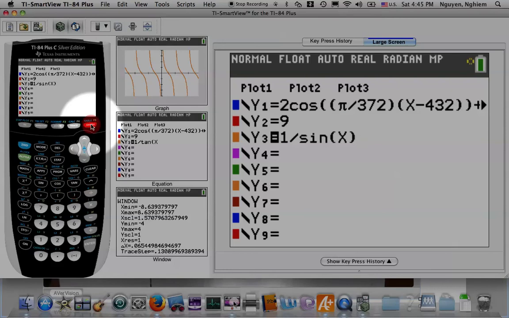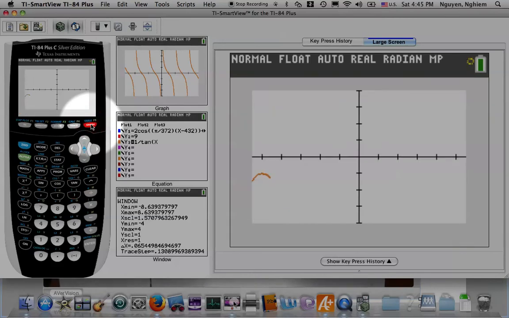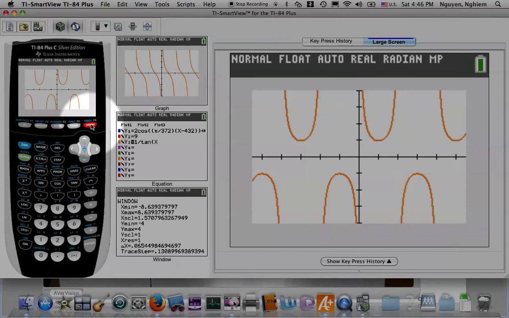Using our standard window, you can see this graph starting to emerge, and it is a weird looking graph at first. Actually, it's always a weird looking graph, but once we can understand it more, it'll probably make a little bit more sense to us. Okay, so let me have this thing finish graphing here, and you can see that there's going to be some type of asymptote right here.